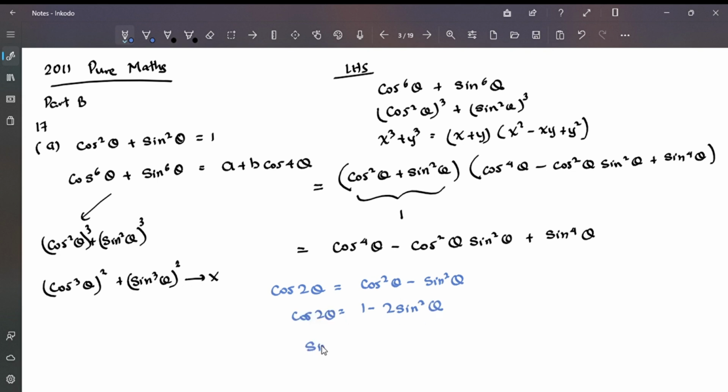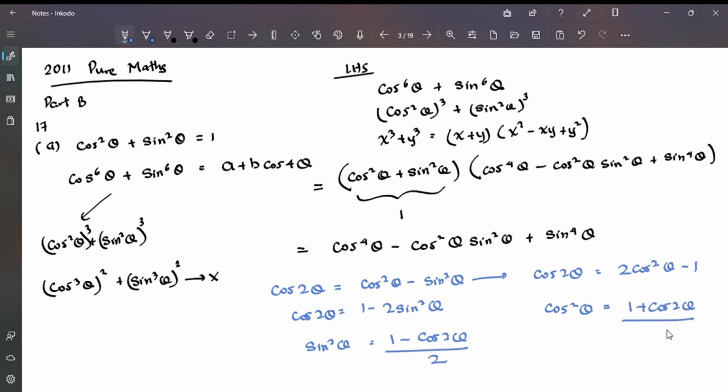Subject this, you will have sin square theta equals 1 minus cos 2 theta divided by 2. Similarly, you can have cos 2 theta equals 2 cos square theta minus 1. Subject cos square theta: cos square theta is 1 plus cos 2 theta divided by 2.